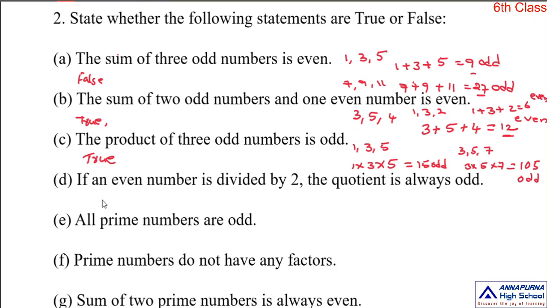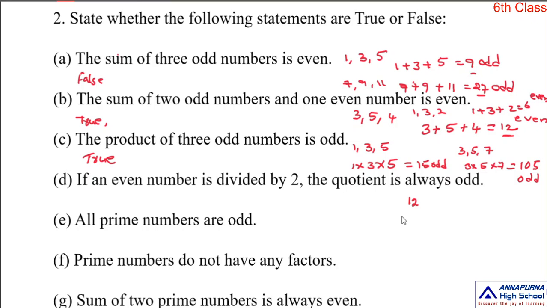Next one: if an even number is divided by 2, the quotient is always odd. We check with one example. For example, 12.